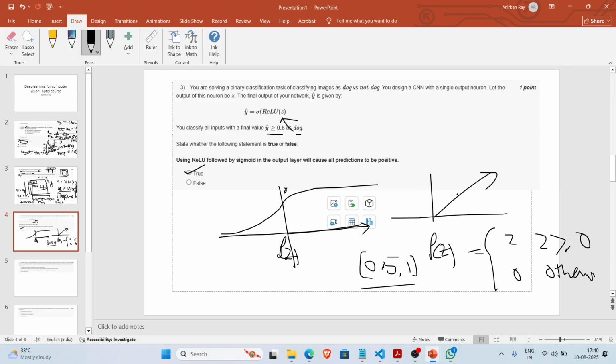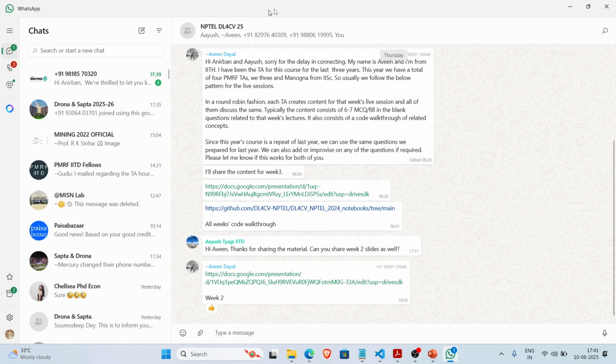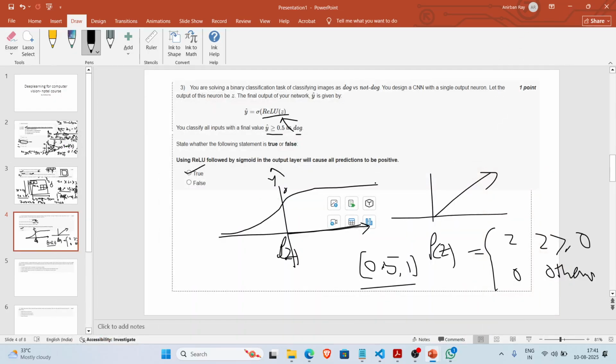Understood? This is y cap here, and it is a sigmoid function. You can see this is f(z) and this is y cap, and the sigmoid function is between y cap and f(z). That is what I have drawn. Clear? Any doubt?